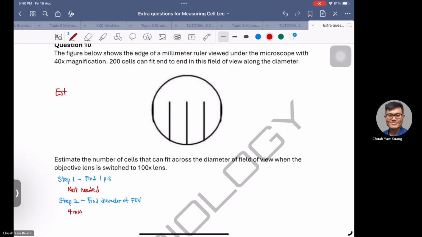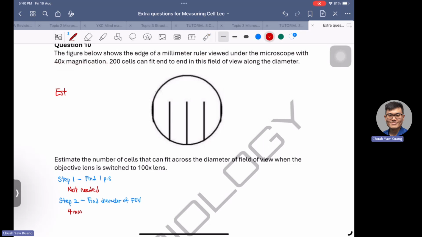Same thing, we don't have to do any calculation, we just have to gather the information. But please be reminded that this FOV diameter, the 4 mm, is under 40 times magnification. It is a ruler view under the microscope with 40 times magnification.